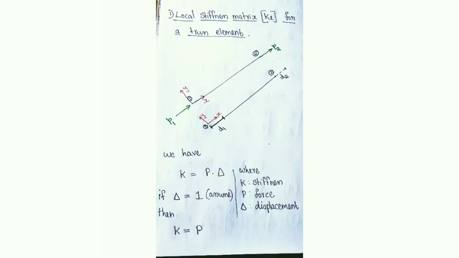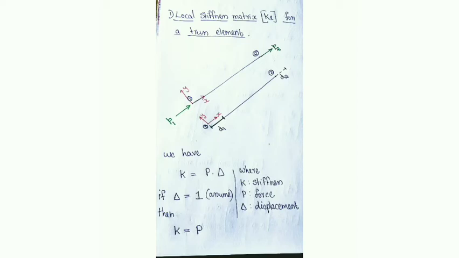Now to derive the local stiffness matrix KL, consider a truss element 1, 2 of length L. Since we are going to derive local stiffness matrix, no need to consider the inclination of the member because local x-axis will always be parallel to the axis of the member.